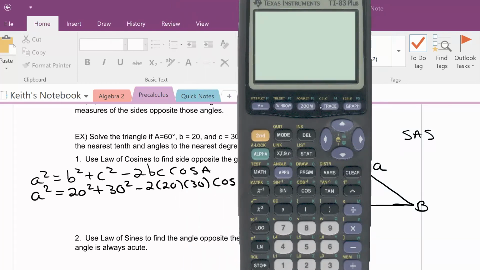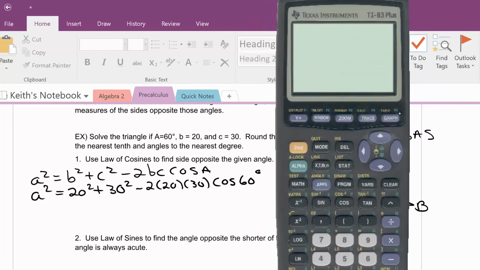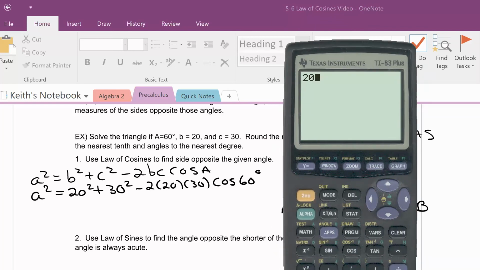You gotta turn it on first. Squared plus 30 squared minus 2 times 20 times 30 times cosine 60.